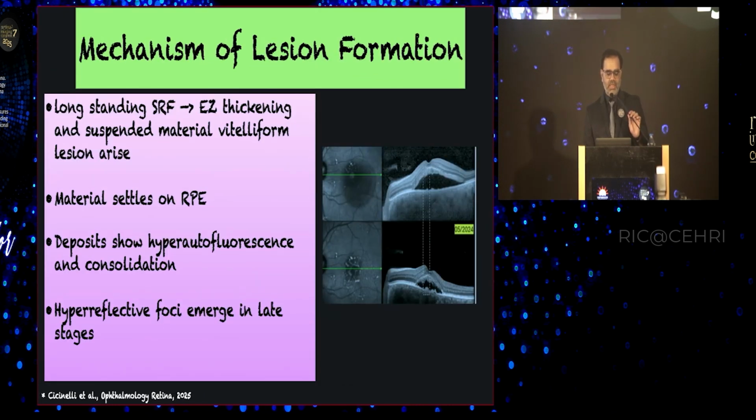There is this long-standing SRF which leads to thickening of the ellipsoid zone, and along with that there is suspension of the vitelliform lesions in that space, and slowly that settles onto the RPE, then it consolidates, and that leads to hyperreflective foci at a later stage.